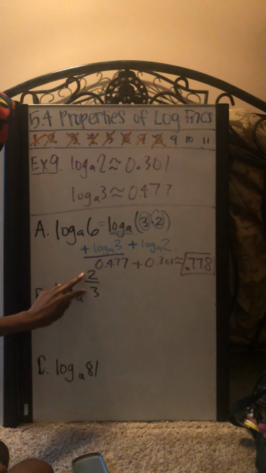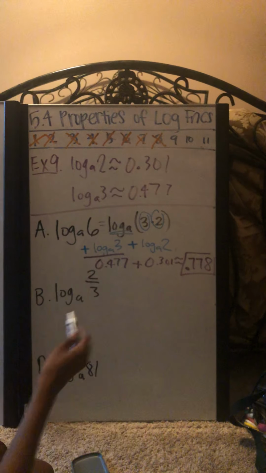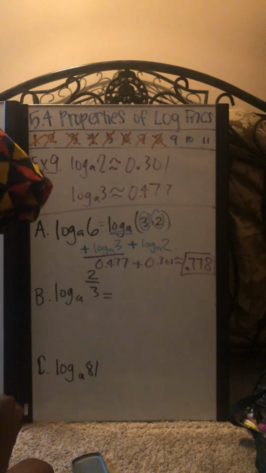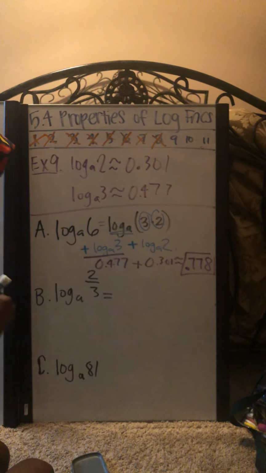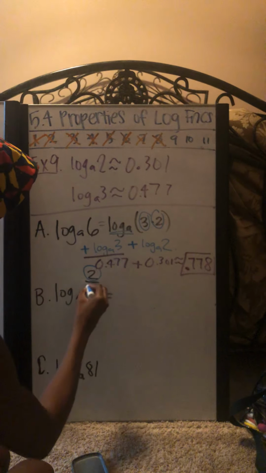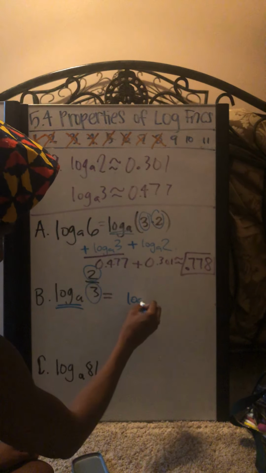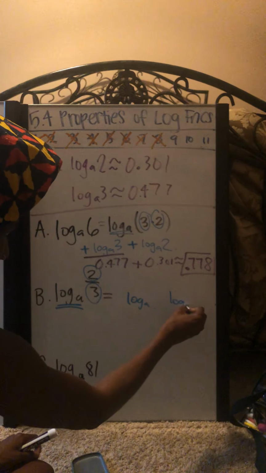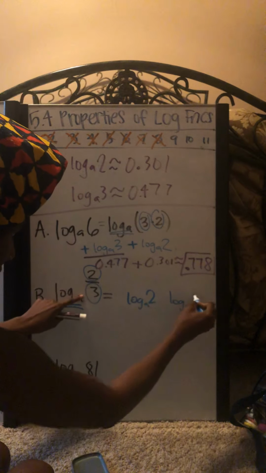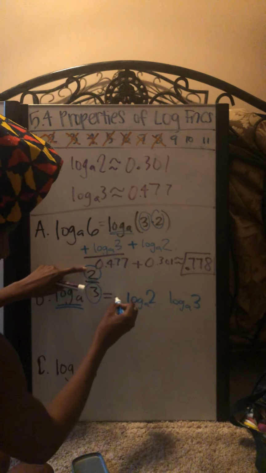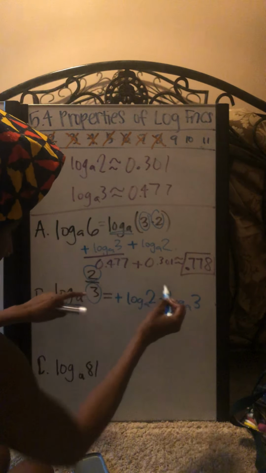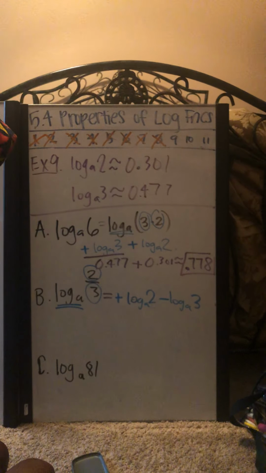Here we have a top and a bottom, which means we can break them up, right? We have a 2 on the top, and we have a 3 on the bottom, which means I can write log A 2 and log A 3. We have the 2 here, the 3 here. This 2 is on the top, so the log is positive. This 3 is on the bottom, so the log is negative.